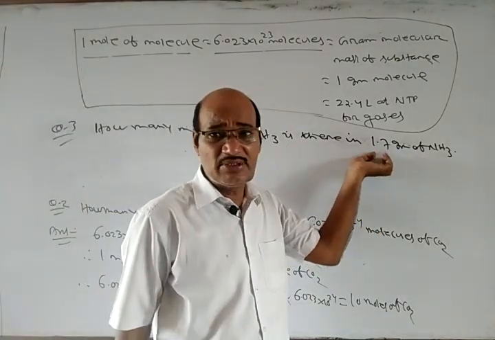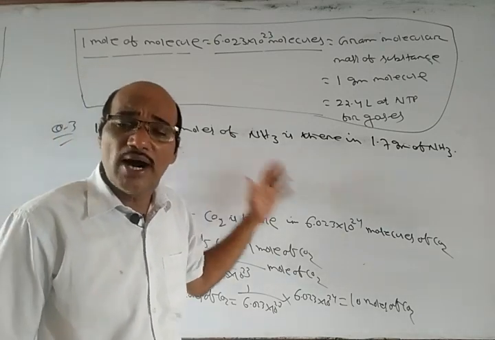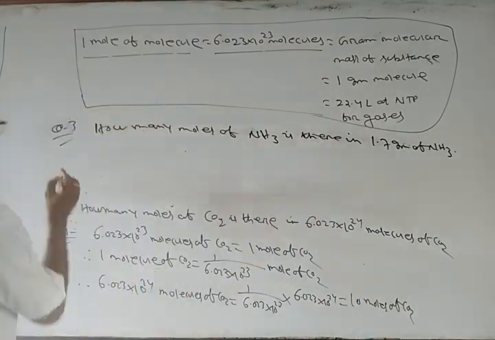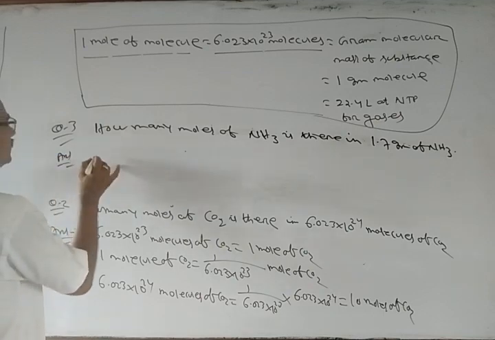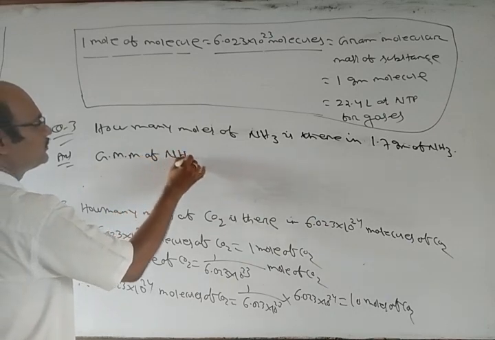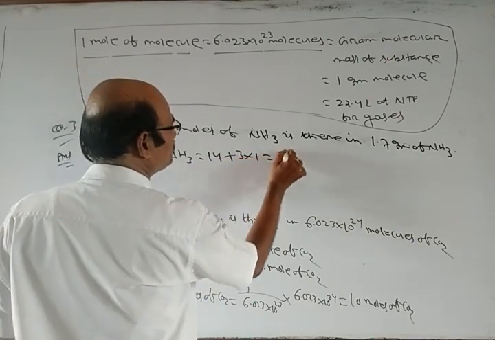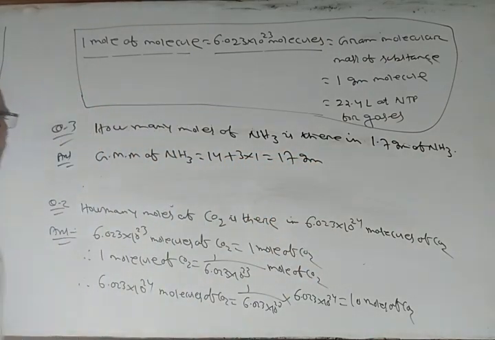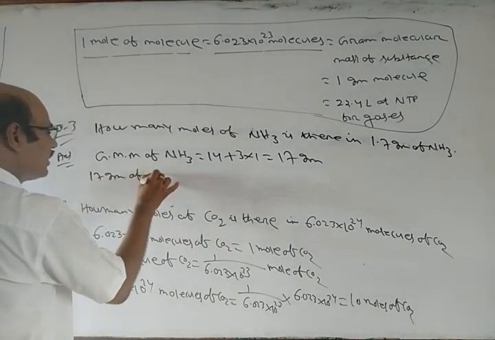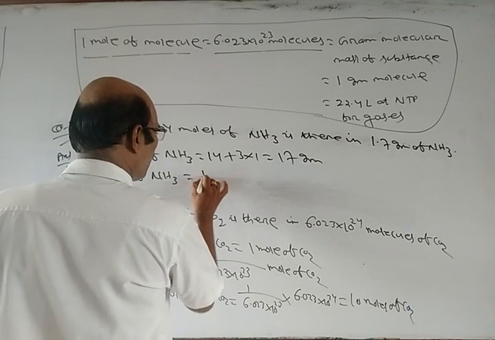Okay, so mass is given here and the number of moles we have to calculate, and we know the mass of 1 mole of a substance is equal to the gram molecular mass. Answer: gram molecular mass of ammonia is 14 plus 3 into 1, which is 17 gram. So 17 gram of ammonia is equal to 1 mole of ammonia.